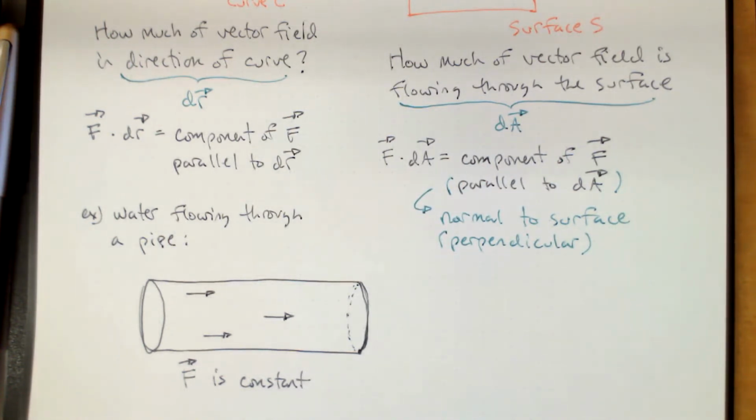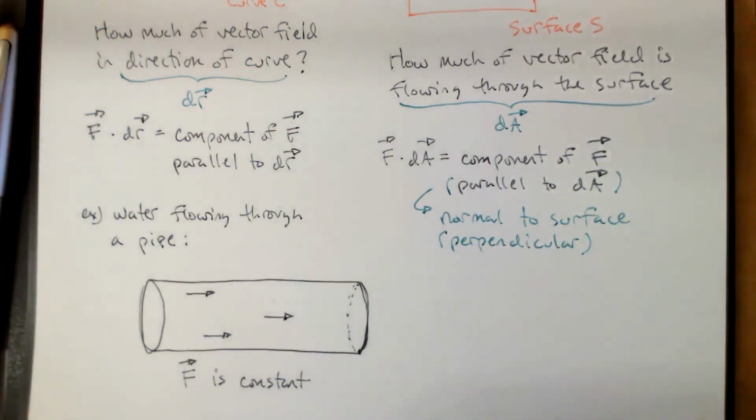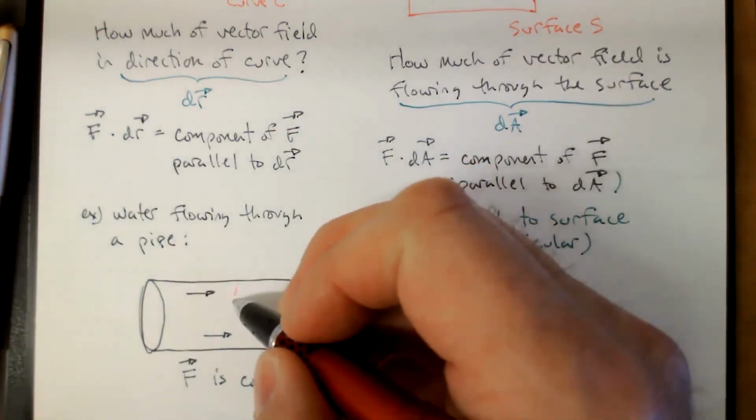What are we talking about? Oh yeah, so we simplify the problem. We're going to imagine water flowing through a pipe. We're going to ignore friction, so the water is flowing the same everywhere. And we're going to see this water go through a surface.